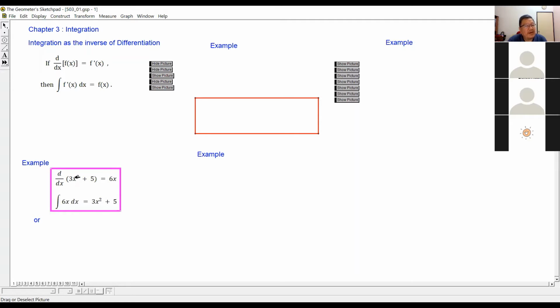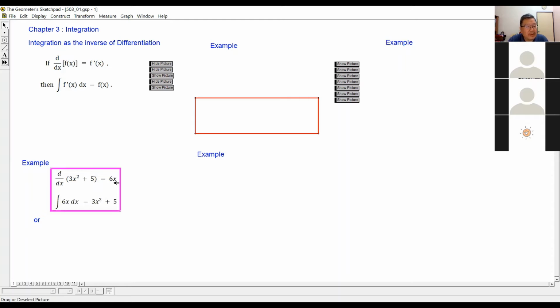Differentiate with respect to x, 3x squared plus 5. You still remember how to differentiate this function or not? 3x squared plus 5. Okay, yes. So you bring down the index 2, multiply with 3, you get 6. Then the x, x squared less by 1 becomes x.